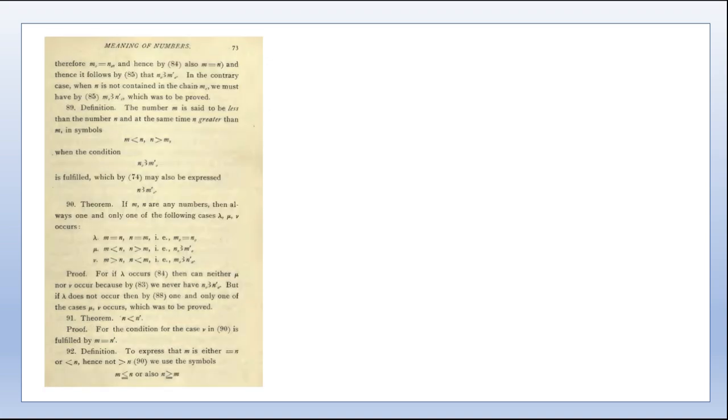Aha, definition 89. The number m is said to be less than the number n, and at the same time n is greater than m. So if we've got the symbols, m is less than n, or alternatively n is greater than m, when the condition n0, the number chain of n, is a part of the transform chain of m. So this is really important, okay?